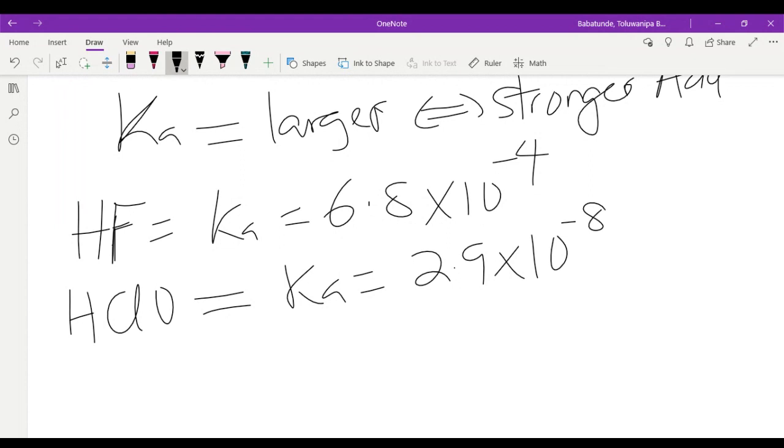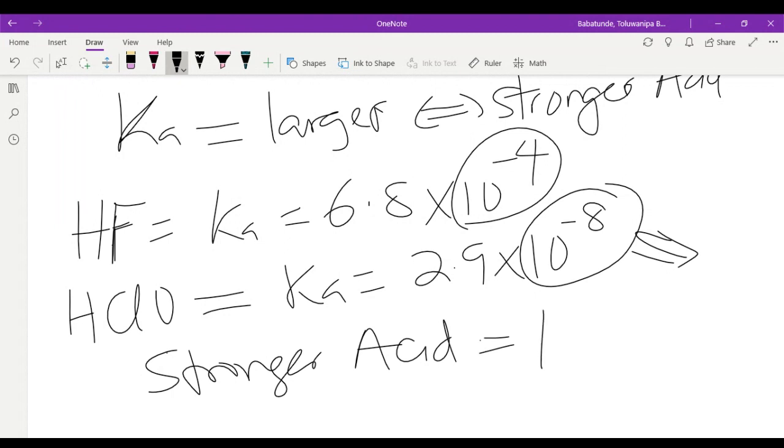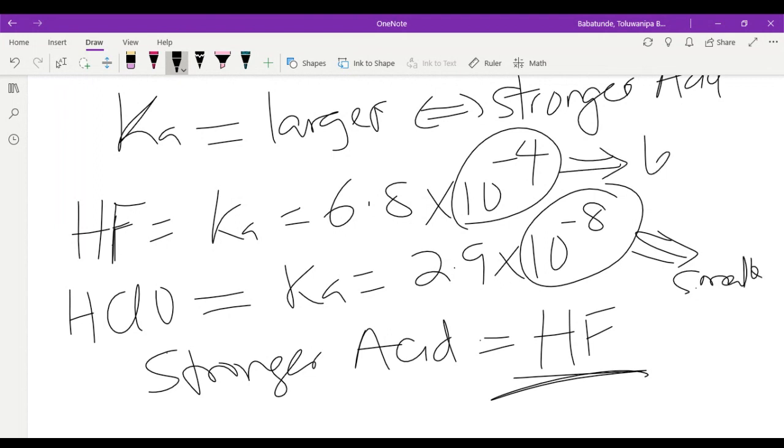Because this is 10 to the power of -4 and this is -8, definitely this is smaller, right? So the stronger acid is going to be HF, because this is smaller and this is a larger value. So we use that to know if our acid is going to be strong or weak.